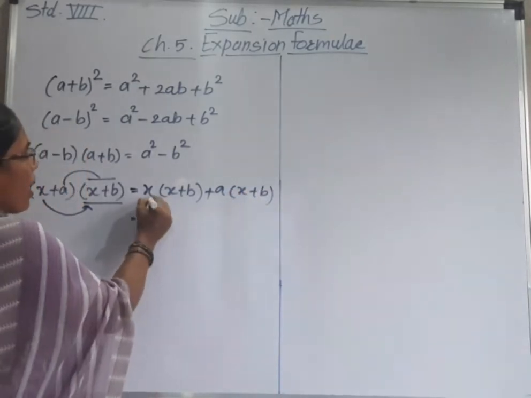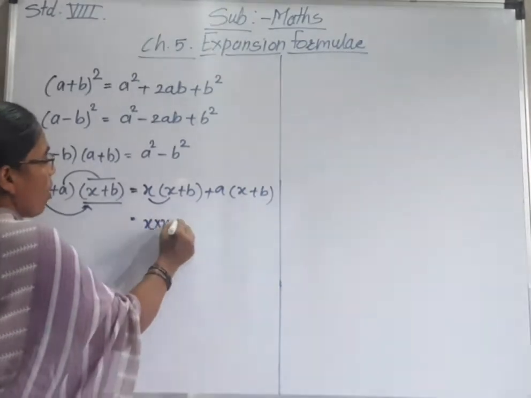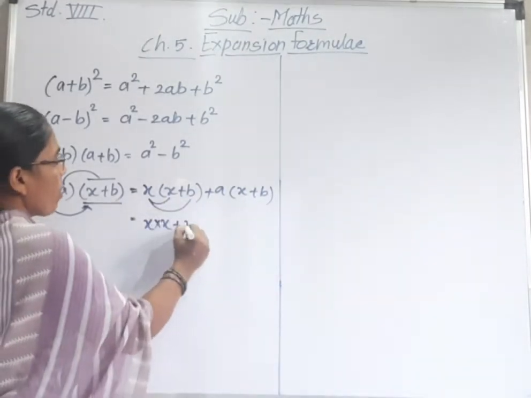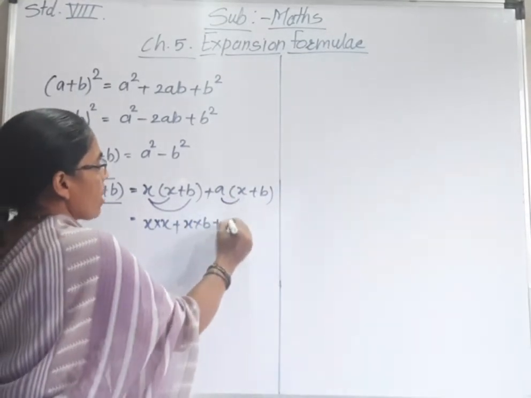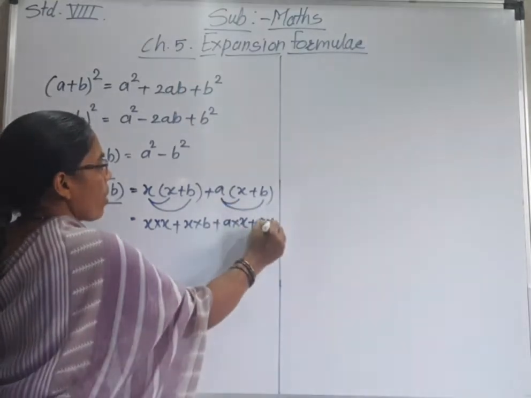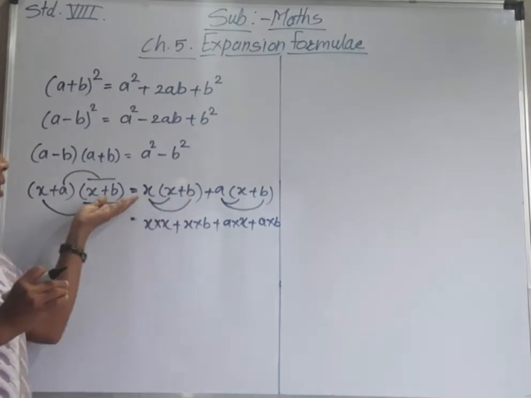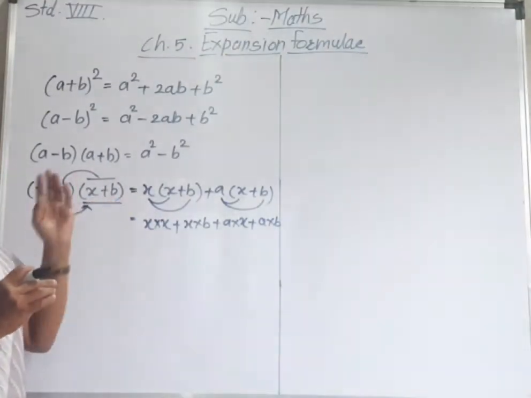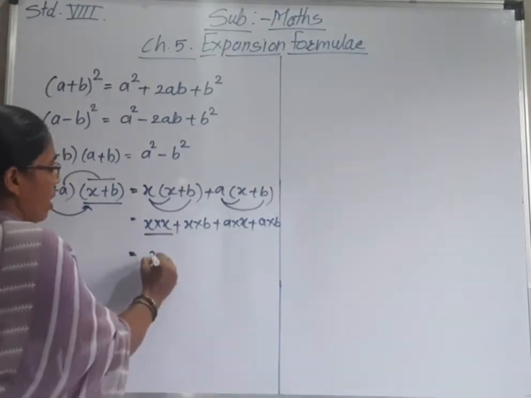It is equal to x into x plus x into b plus a into x plus a into b. Means we multiplied each term of the bracket by each term outside the bracket.